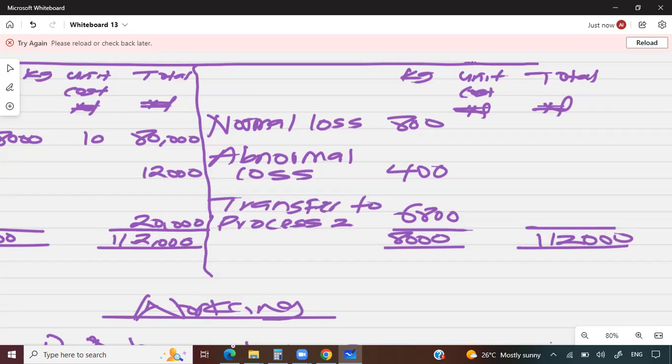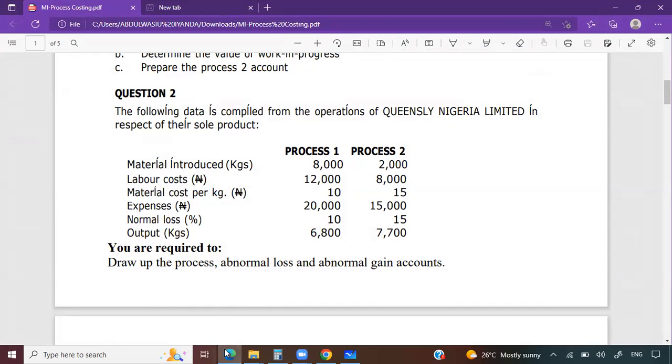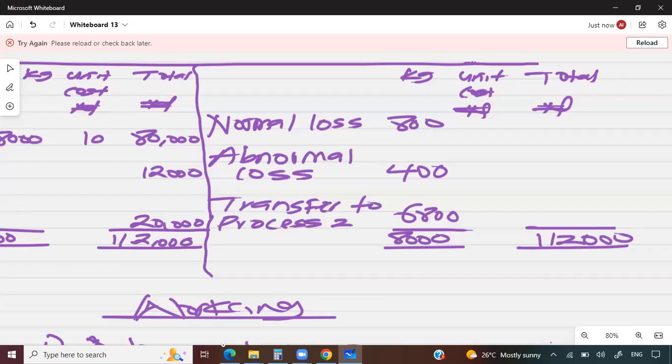So let me now tell you something. In some questions you are going to have that normal loss, where some of this kg that is damaged, we can sell it. They will give you the price as well.